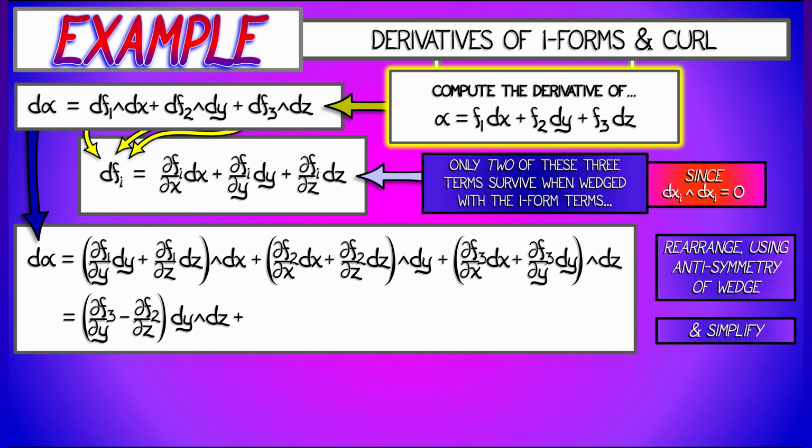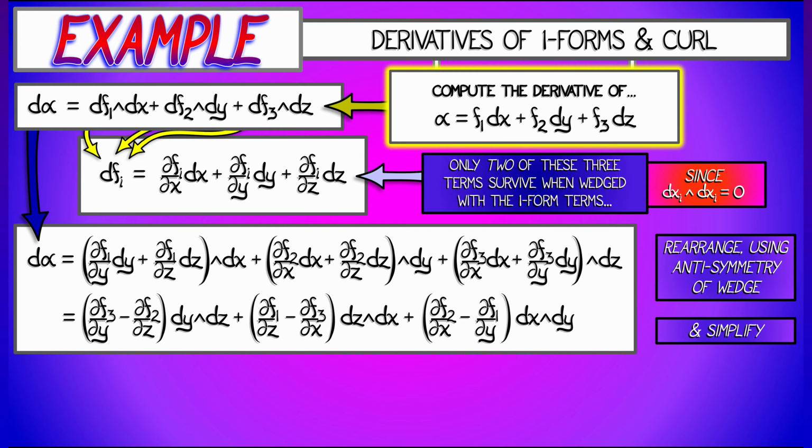That's the first term. The second term is partial f1 partial z minus partial f3 partial x dz wedge dx. The third term is partial f2 partial x minus partial f1 partial y dx wedge dy.